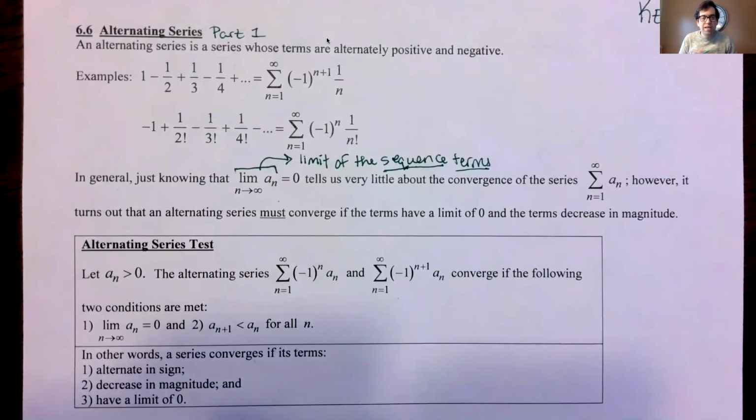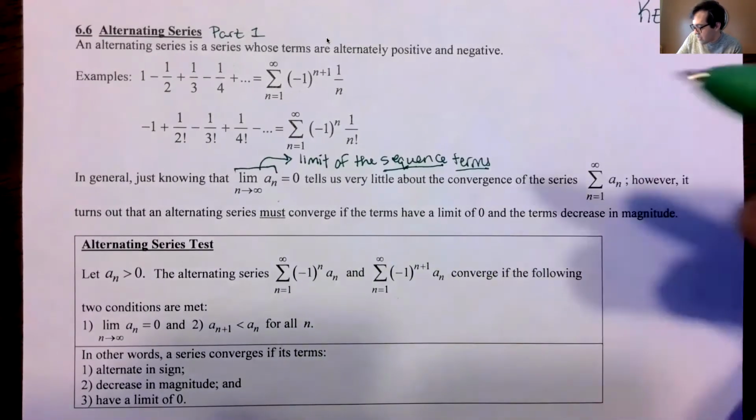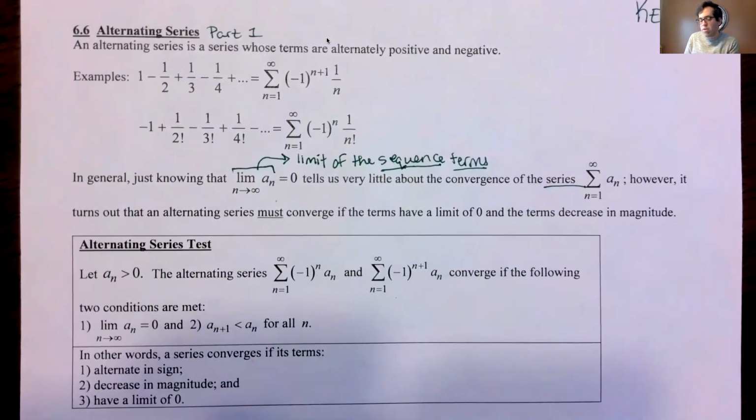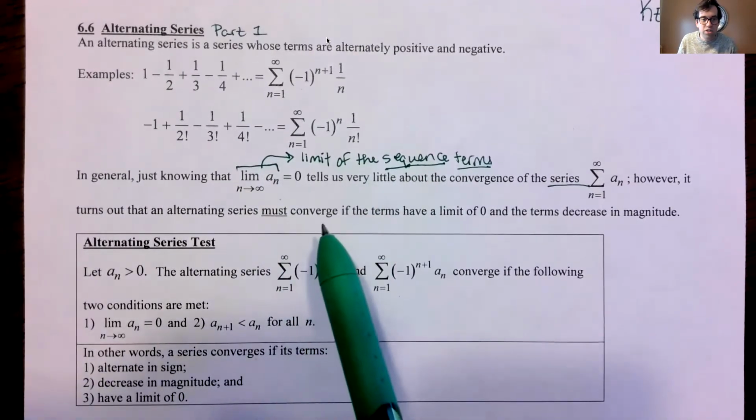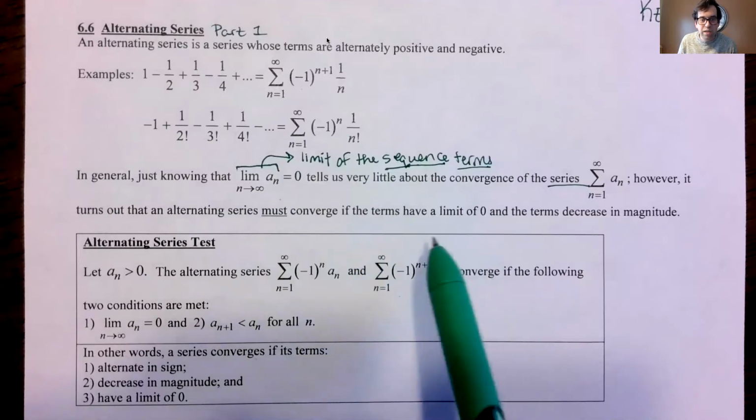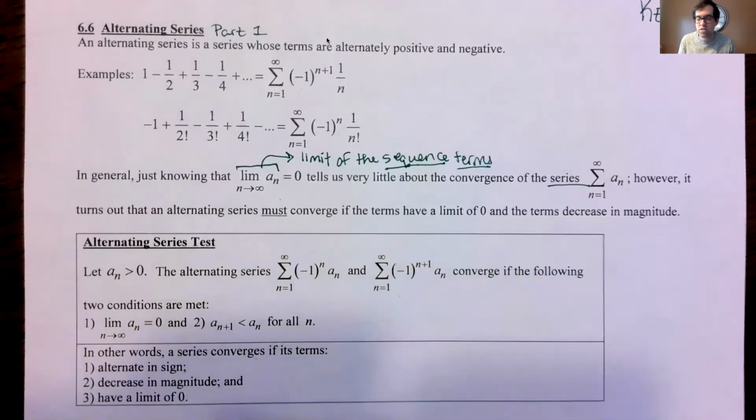If the terms of a sequence approach 0, that doesn't tell us about the convergence of the series. However, it turns out that an alternating series must converge if the limit of the sequence is 0 and the terms decrease in magnitude over time, which leads us to the alternating series test.